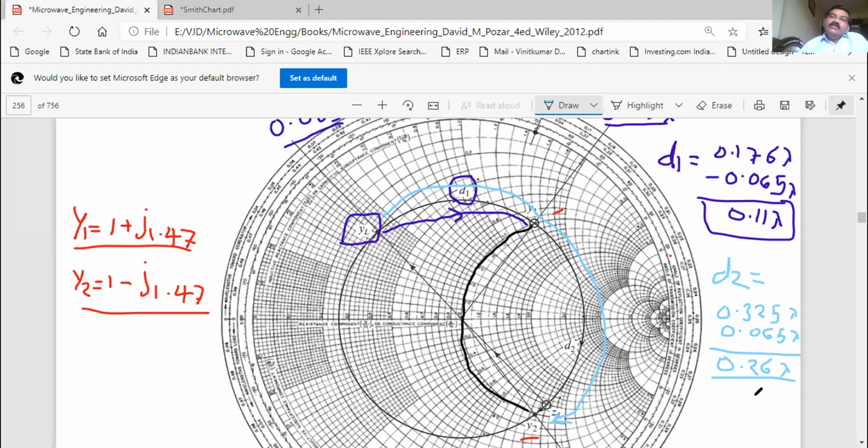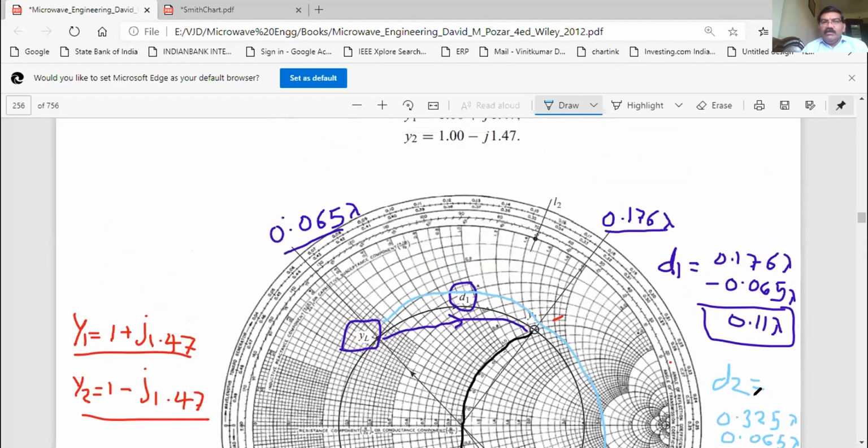Now 50% of the problem is solved. That is the design problem, the D calculation is done. So we have calculated D. Now what remains? Only the L part remains. So how will we do the L part?